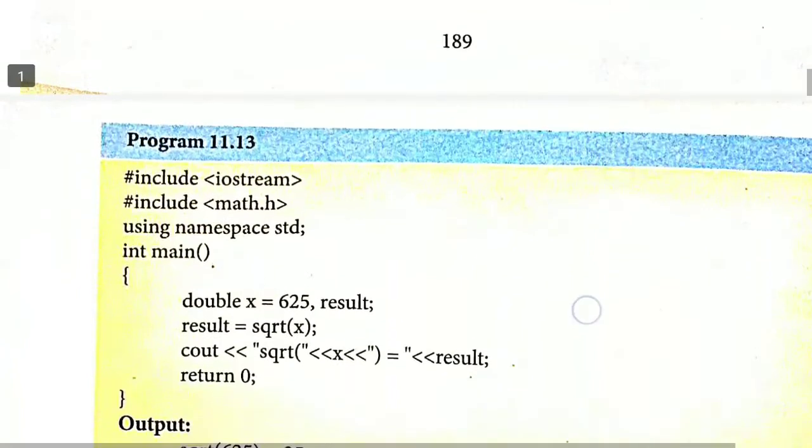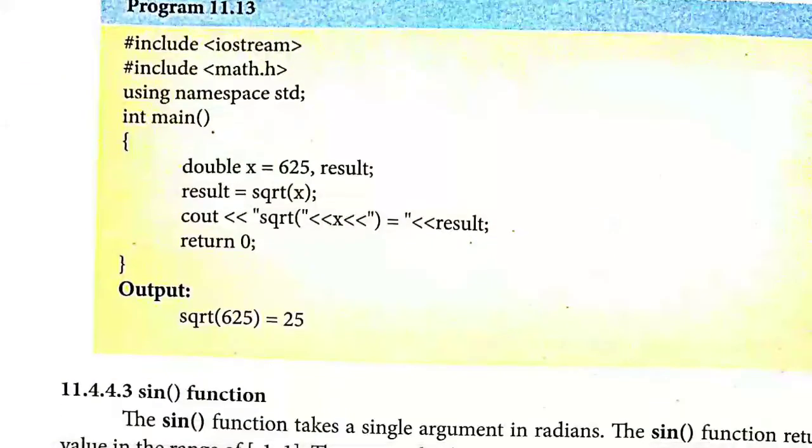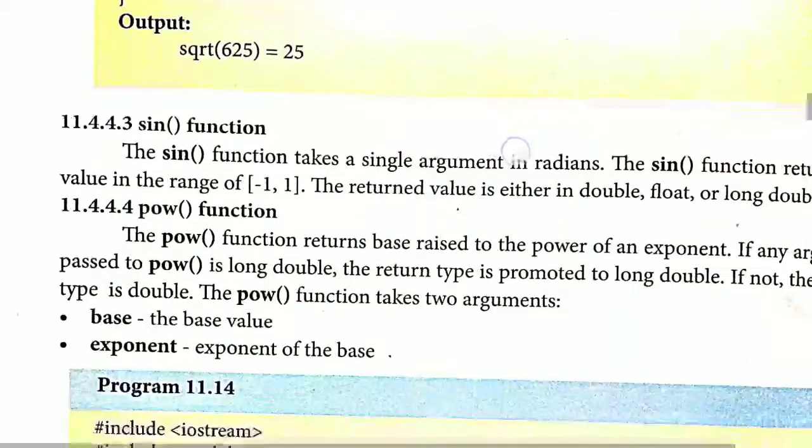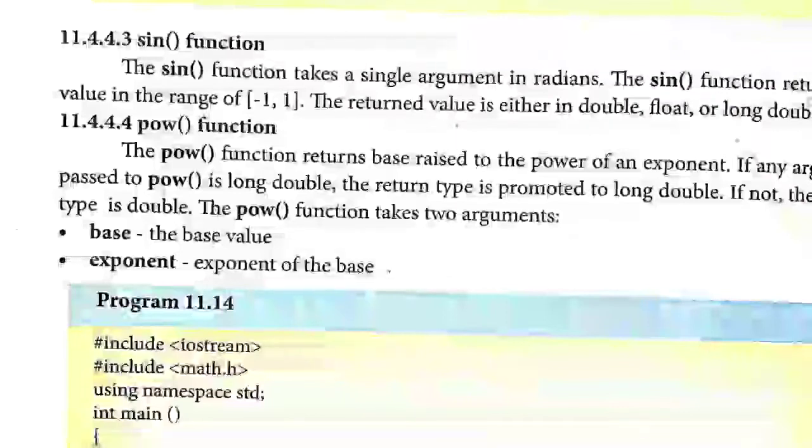Here you can see an example. Double x is equal to 625, and the result is equal to sqrt, which is the function, and x is given inside it. So sqrt 625 is the meaning, and the output is displayed as provided here.